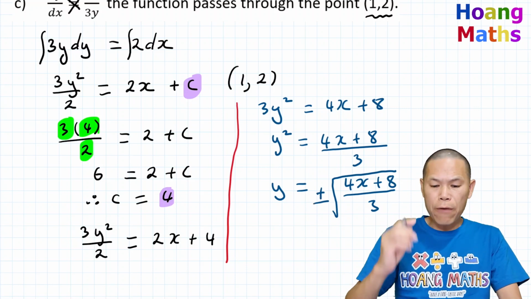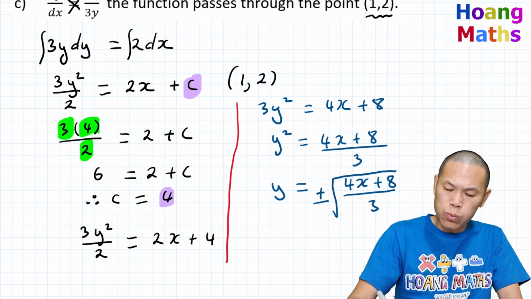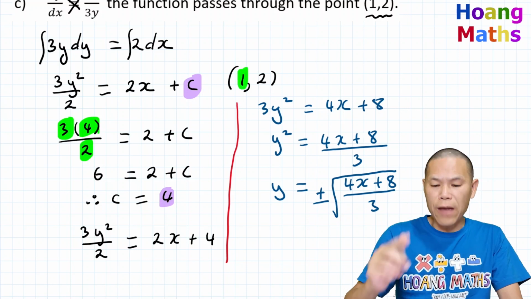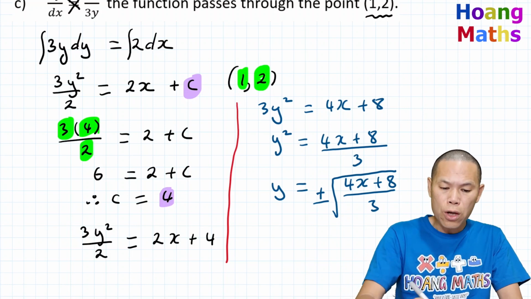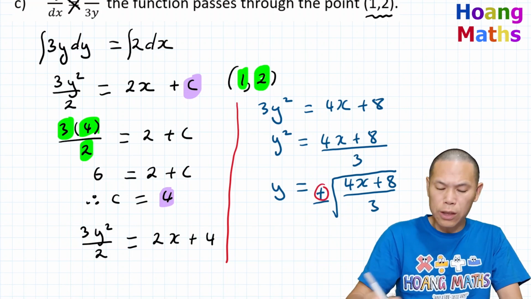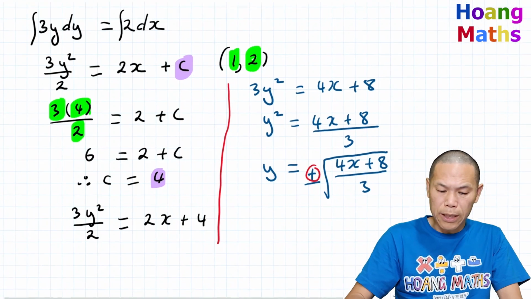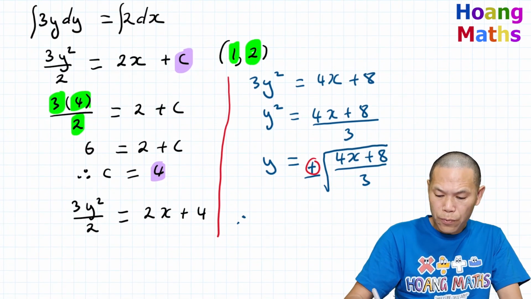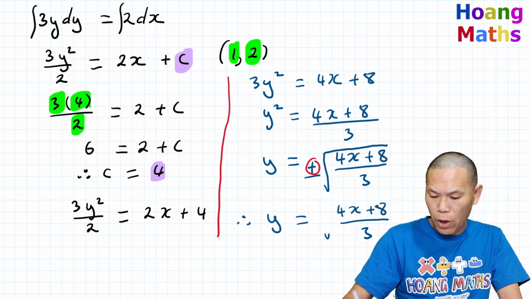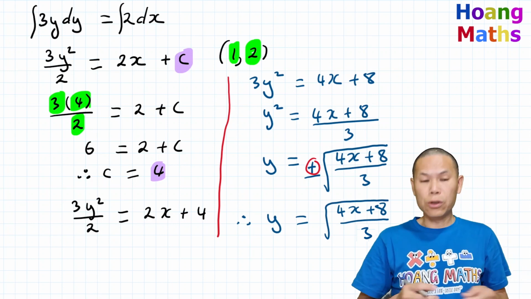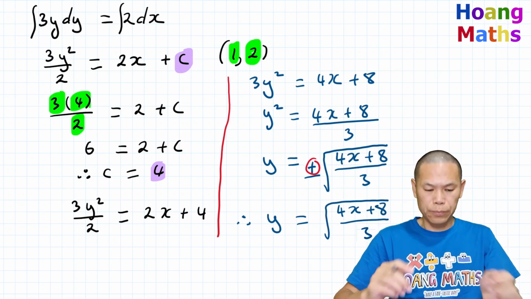However, when x is 1, y is 2, so that means positive 2. Therefore, we only take the positive answer. So y is the square root of (4x plus 8) over 3. So there you go.